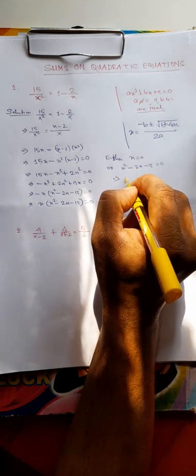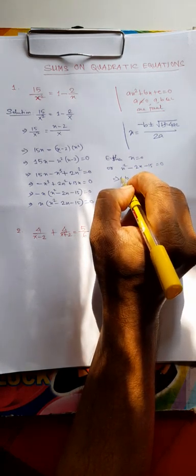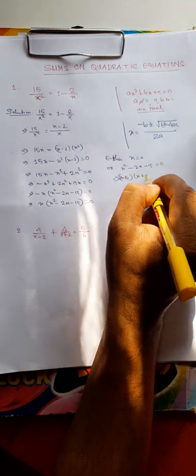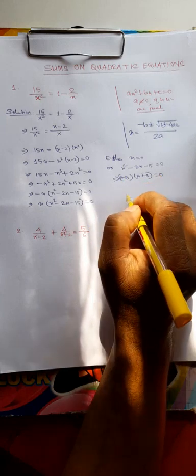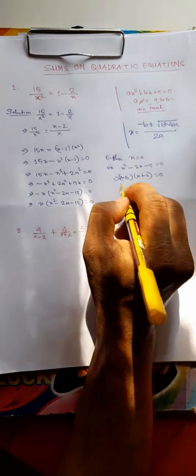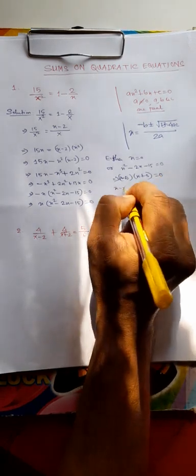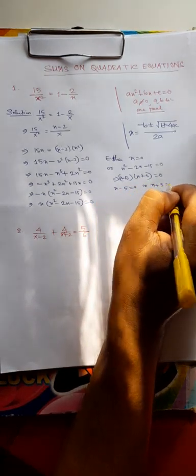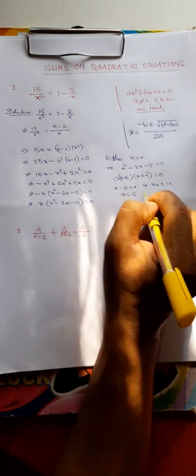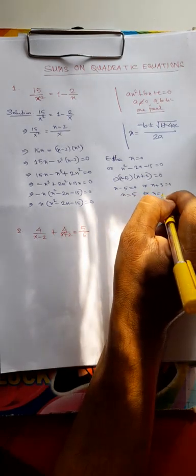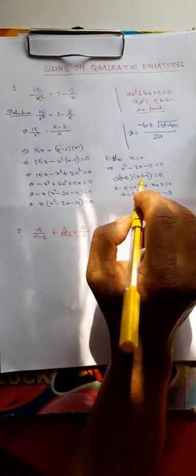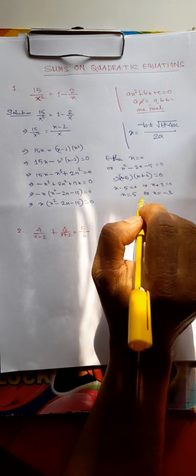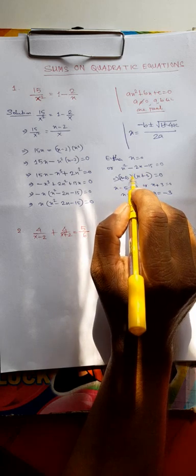So you will write it as x minus 5 into x plus 3 equal to 0, right? So x minus 5 equal to 0 or x plus 3 equal to 0, x equal to 5 or x equal to minus 3. So here we got three solutions.